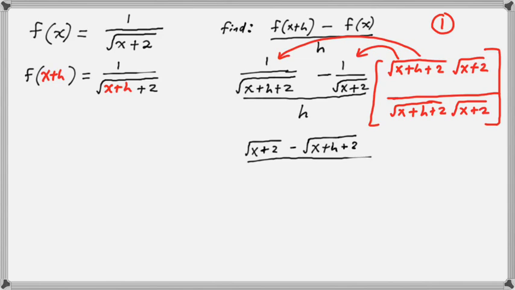In the denominator, you have the h, but you also have it times the other stuff, right? If you wish to think of this as being over 1, when you multiply the first one over here, top times top gives me this.